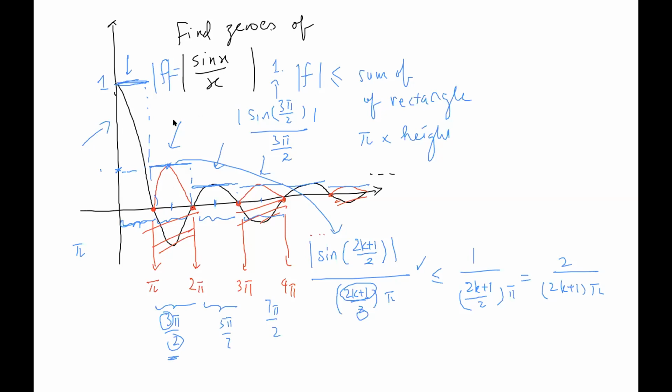But we don't actually want the upper bound in this case, because we are going to show that the integral is not existent. So instead of using the upper bound, we look for a lower bound, right?